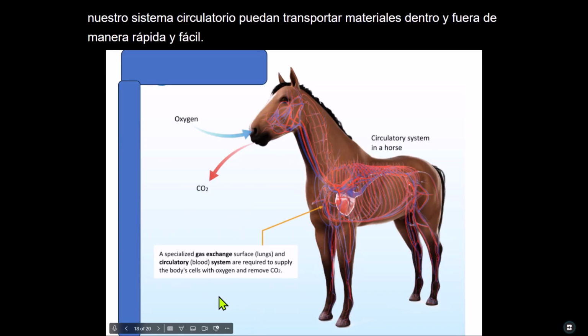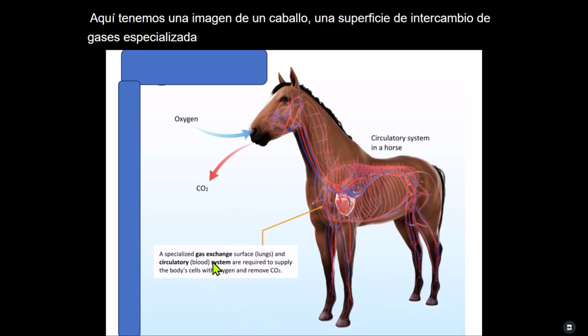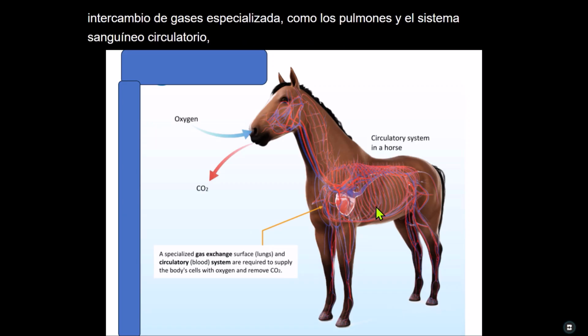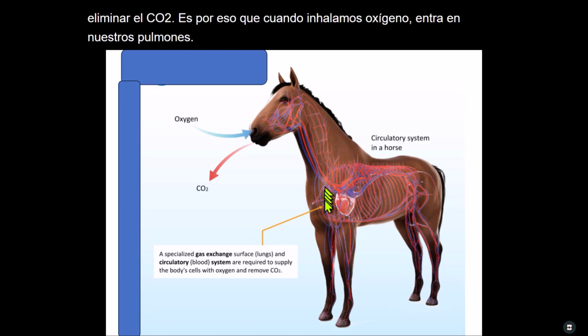Here we have a picture of a horse. A specialized gas exchange surface, such as the lungs and circulatory blood system, is required to supply the body cells with oxygen and remove CO2. This is why when we inhale, oxygen goes into our lungs. It is exchanged with the blood in our heart.